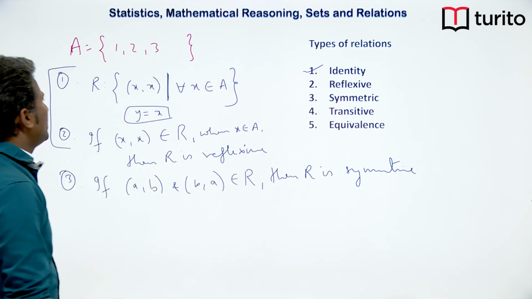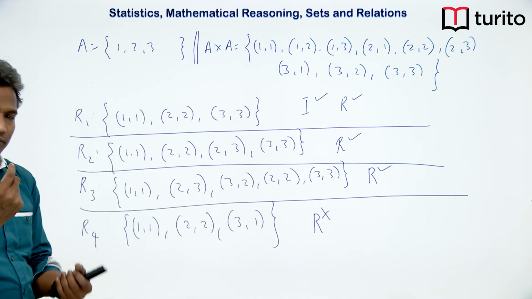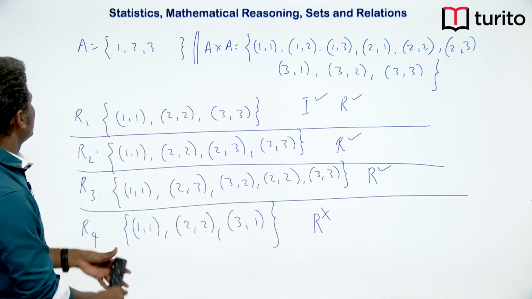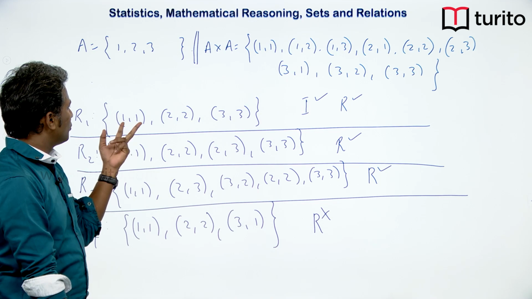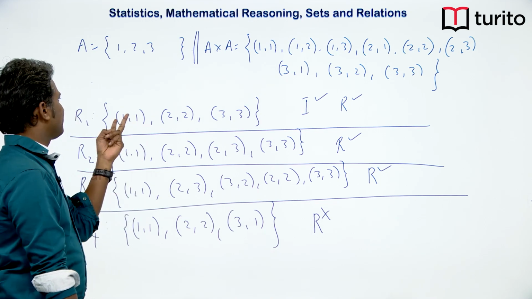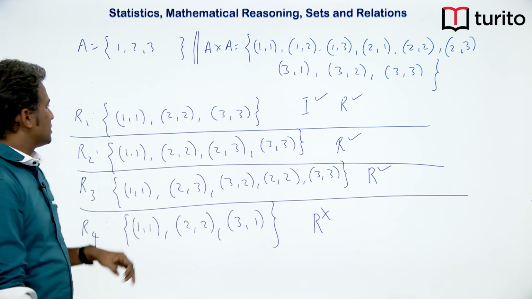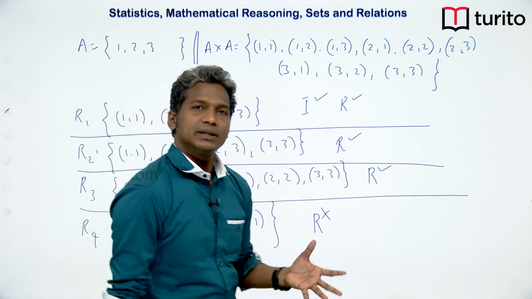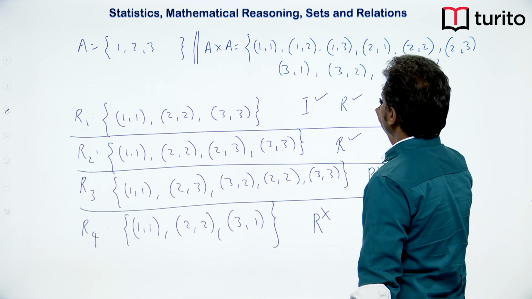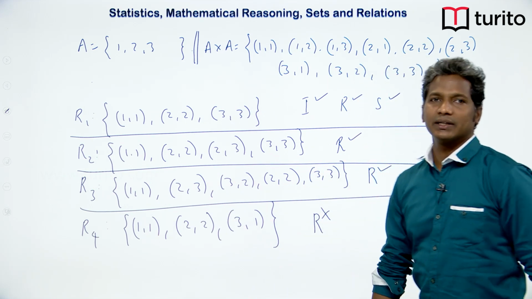So, now let us look at this. We are looking for A comma B and also B comma A. If we have 1 comma 1 and even if we flip the input and output, we will get the same ordered pair. So, is the identity relation symmetric? Yes, it is. So, this is definitely a symmetric relation.